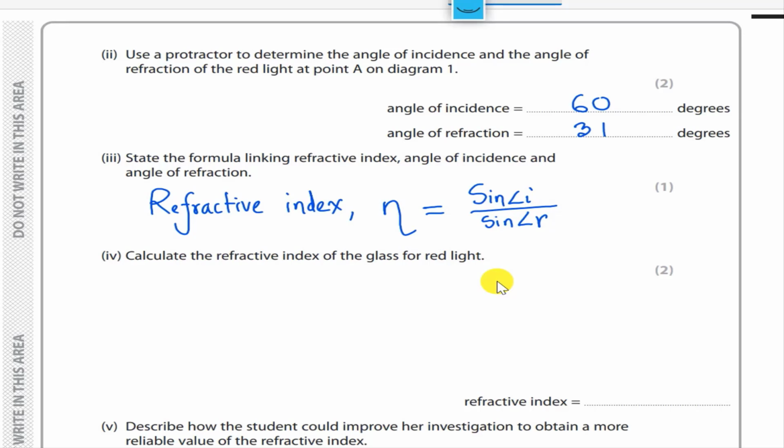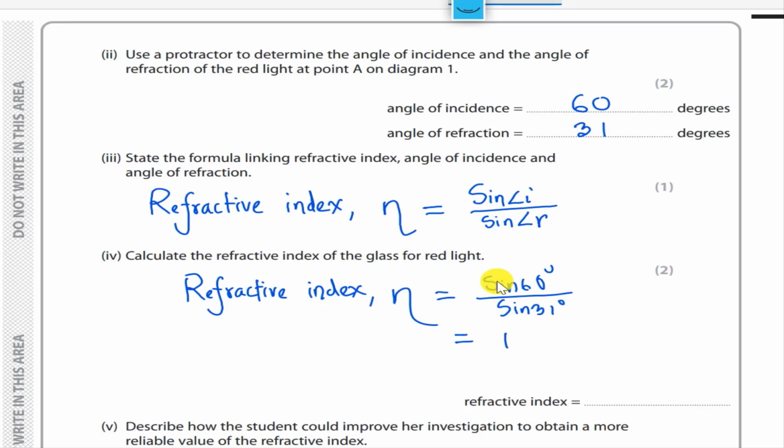Calculate the refractive index of the glass for red light. So refractive index eta equals sine 60 degrees divided by sine 31 degrees.